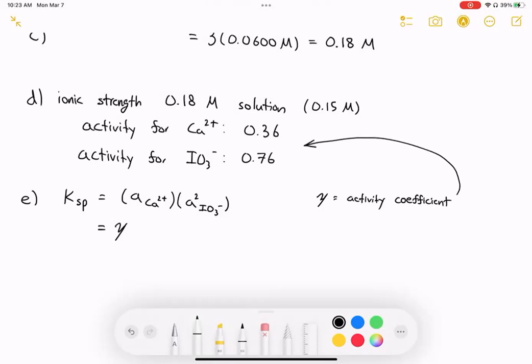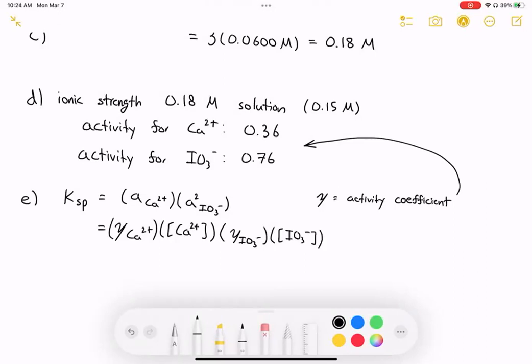So gamma of calcium 2 plus times the concentration of calcium 2 plus. And then we're going to multiply that by the coefficient of iodate ion multiplied by the concentration of our iodate ion right here.